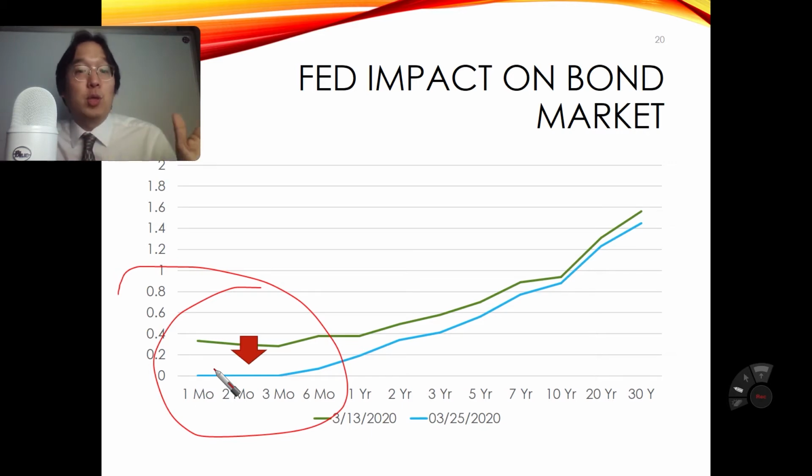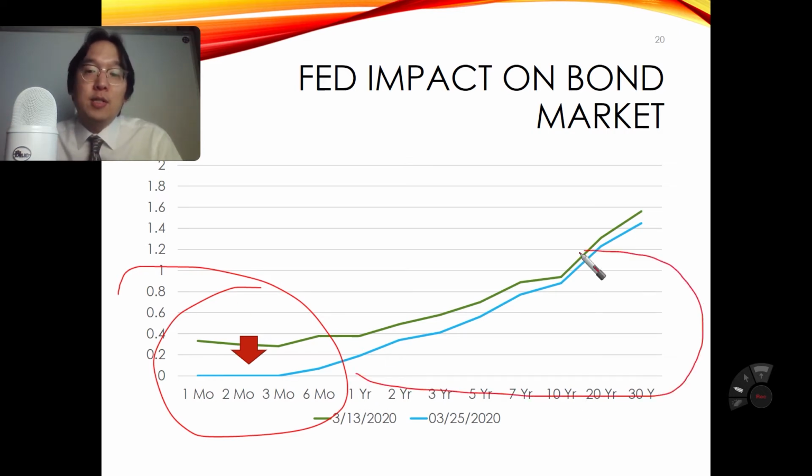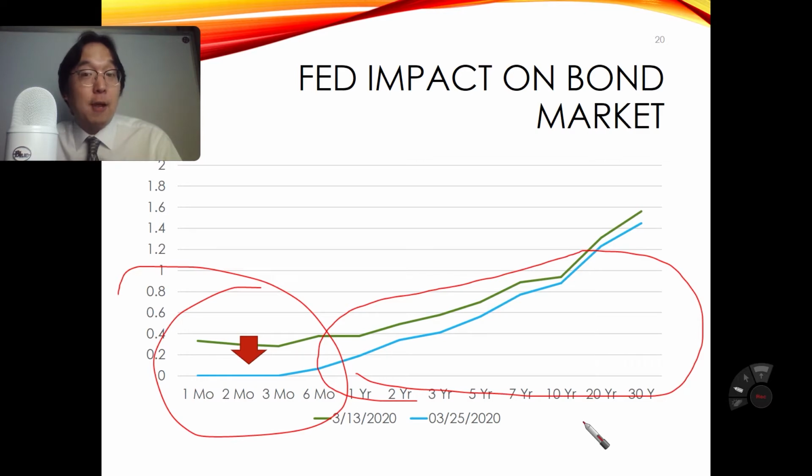They don't usually play with longer-term securities. But what was different this time is that they announced a $700 billion quantitative easing package. So that was a promised amount to be spent on longer-term maturity securities as well, so that the impact was ubiquitous throughout the maturity.